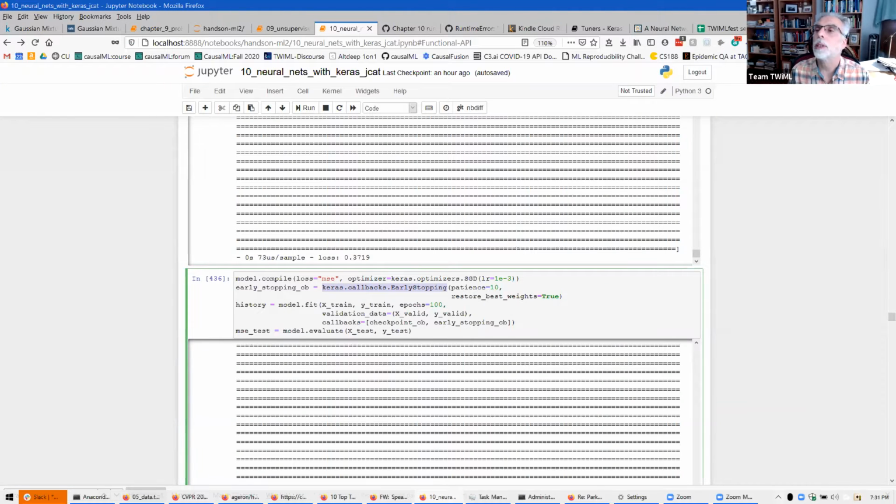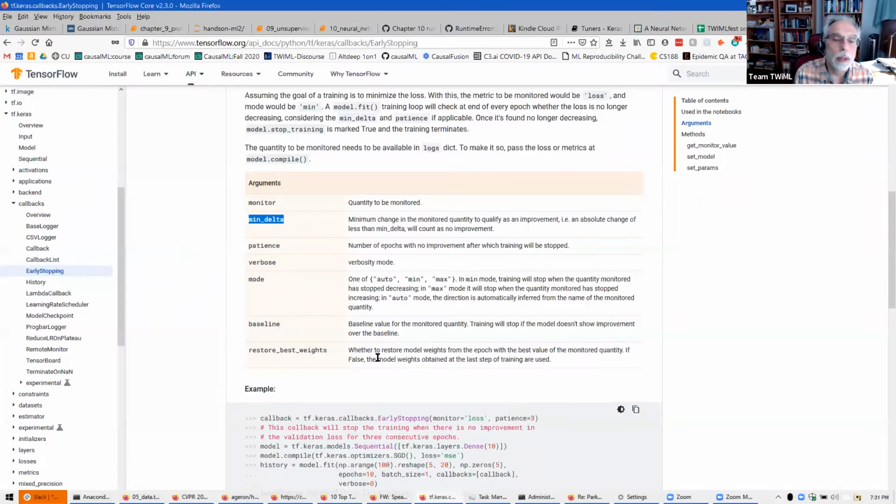And restore best weights equals true. Let's see what that means. Restore best weights: whether to restore model weights from the epoch with the best value of the monitored quantity. If false, the model weights obtained at the last step of training are used. Best value. Okay, so I'm not sure what the default is.